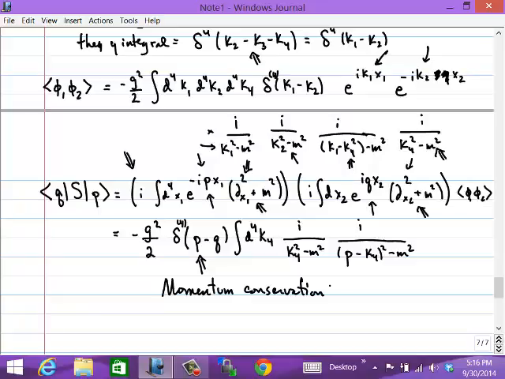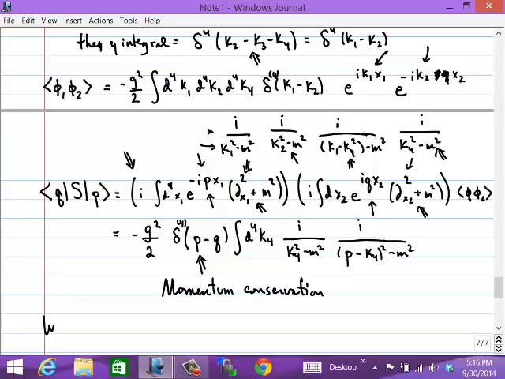In particular, if you have a state with some initial momentum p, then no matter what you do with it, no matter what interactions it undergoes, it should still have a final momentum p at the end of the day. Okay? So it's impossible to have a scattering amplitude where some particle magically gains energy or momentum without some other particles coming in to give that original particle energy and momentum. Okay?